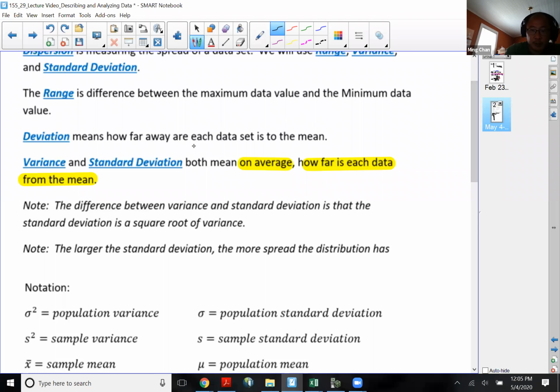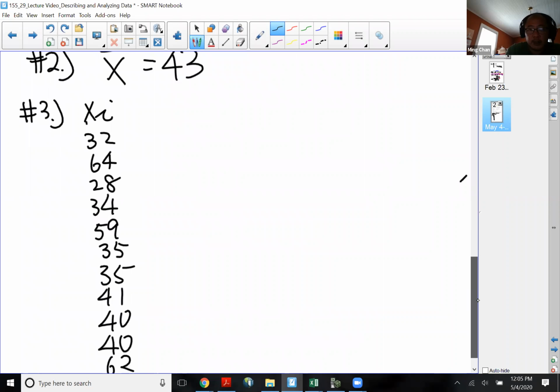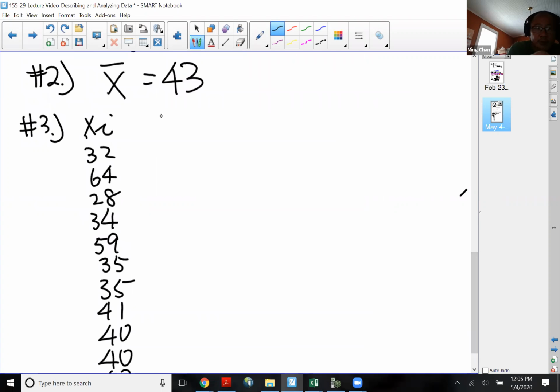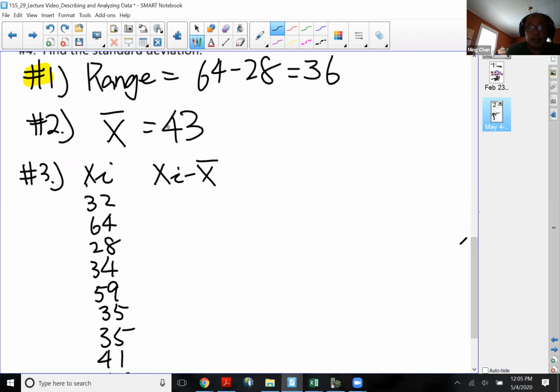is the word deviation. How far away is each data value to the mean. So what you do is take xi, each data value, minus your x bar. We know the simple mean, or the average, is 43.